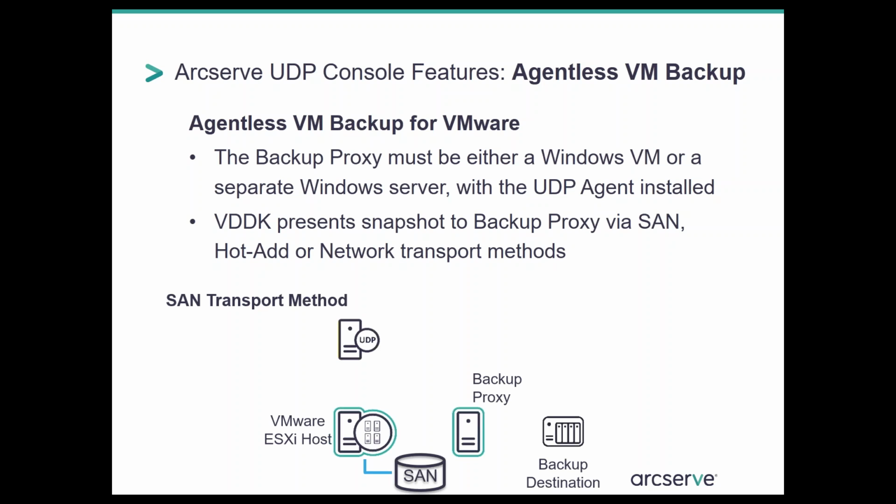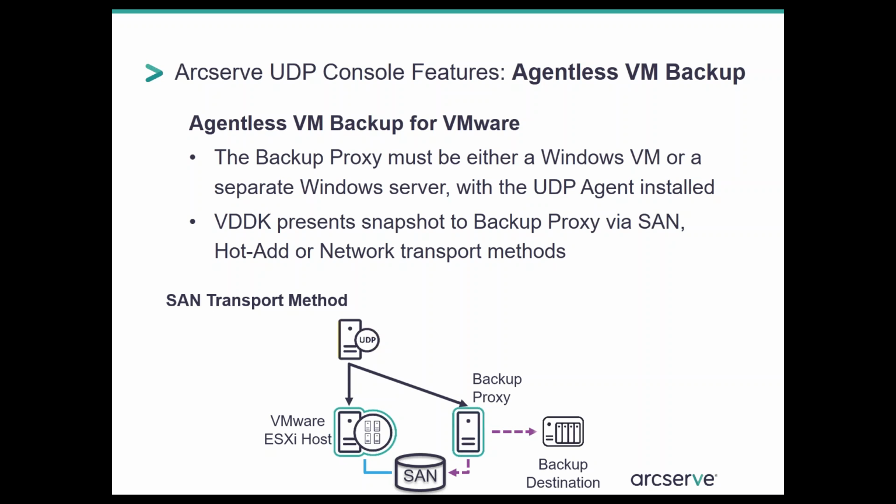Let's start with the SAN transport method. In this method, we have an ESXi host or multiple ESXi hosts, and they'll be using a data store that is situated on a SAN. The UDP console will connect with the ESXi host. If you're using a vCenter server, we'll connect with the vCenter. We also have the backup proxy defined, and the backup proxy will have the Arcserve UDP agent installed.